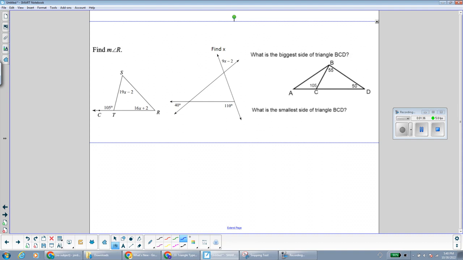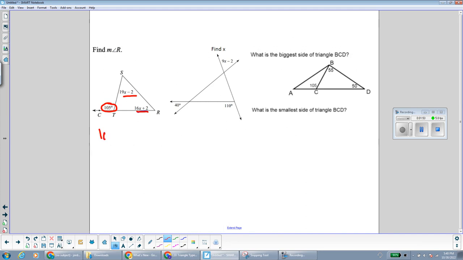In this first example here, we're going to find the measurement of angle R, which is represented by 16x plus 2. What I have here to work with is my exterior angle, and I also have the two non-adjacent interior angles.